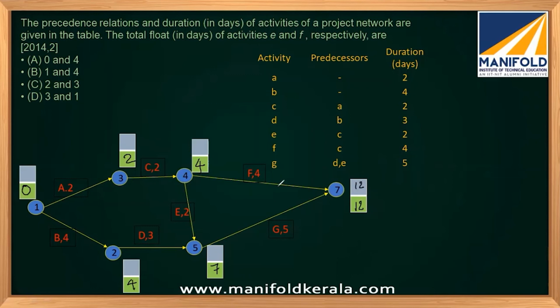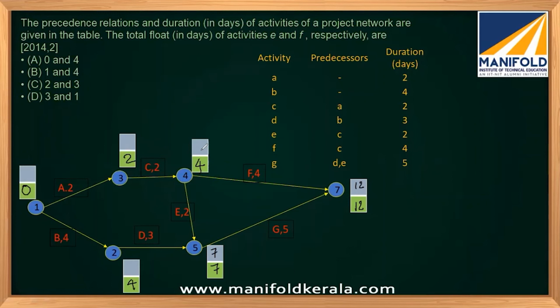Then backward pass, 12 minus 4 will be 8, otherwise it can go this way also. For this one, 12 minus 5 will be 7. So either 7 minus 2 will be 5, or 12 minus 4, 8. So the minimum we have to take.